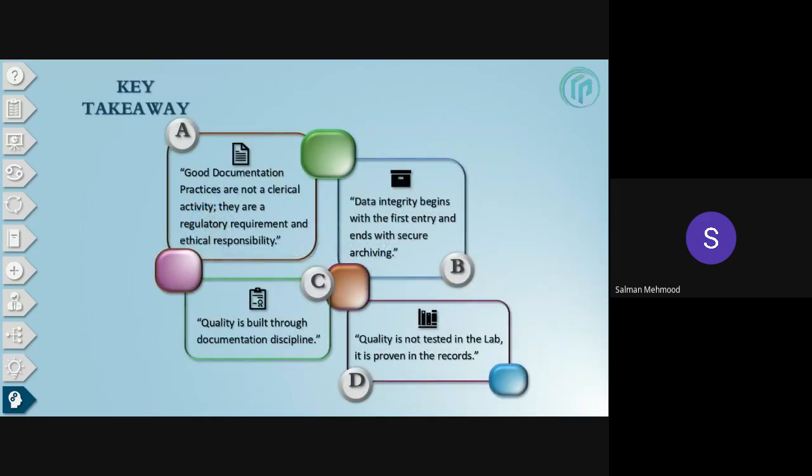So, the final key takeaway message: good documentation does not slow work, it protects the work. And quality is not tested in the lab, it is proven in the records. Strong documentation protects your work, your organization, and ultimately the patient. So, documentation is your professional signature. Protect it.